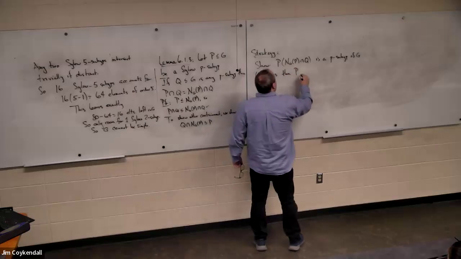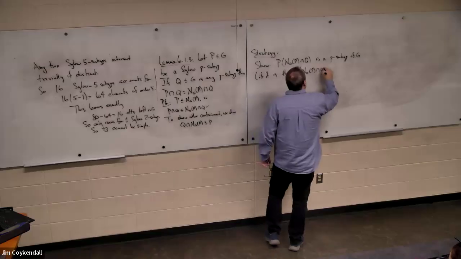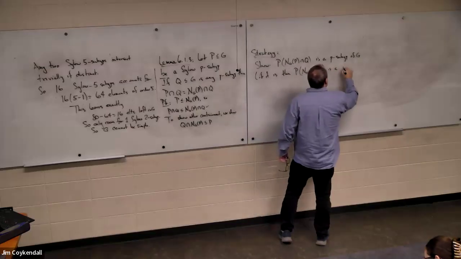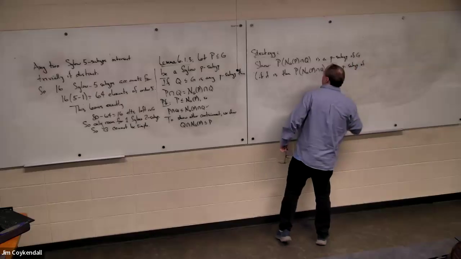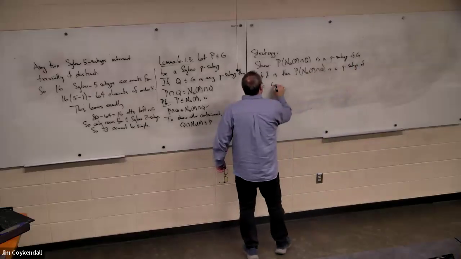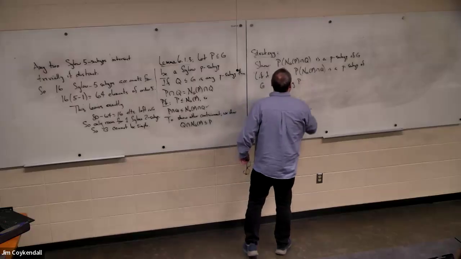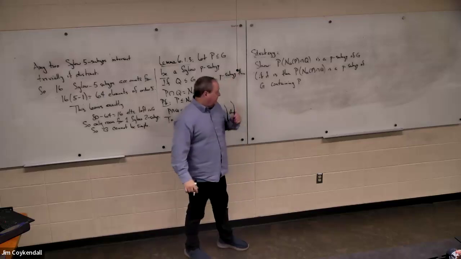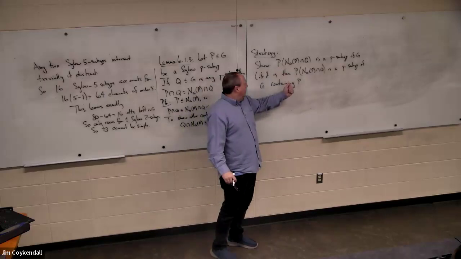Then P times the normalizer of P intersect Q is a p-subgroup of G containing P. So my strategy is I'm going to show this is a p-subgroup.